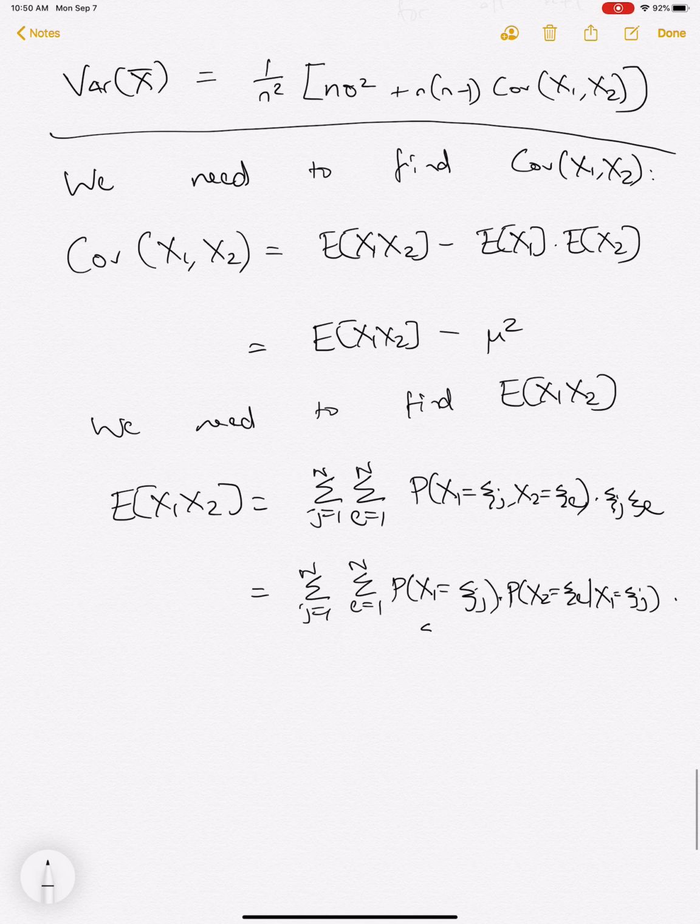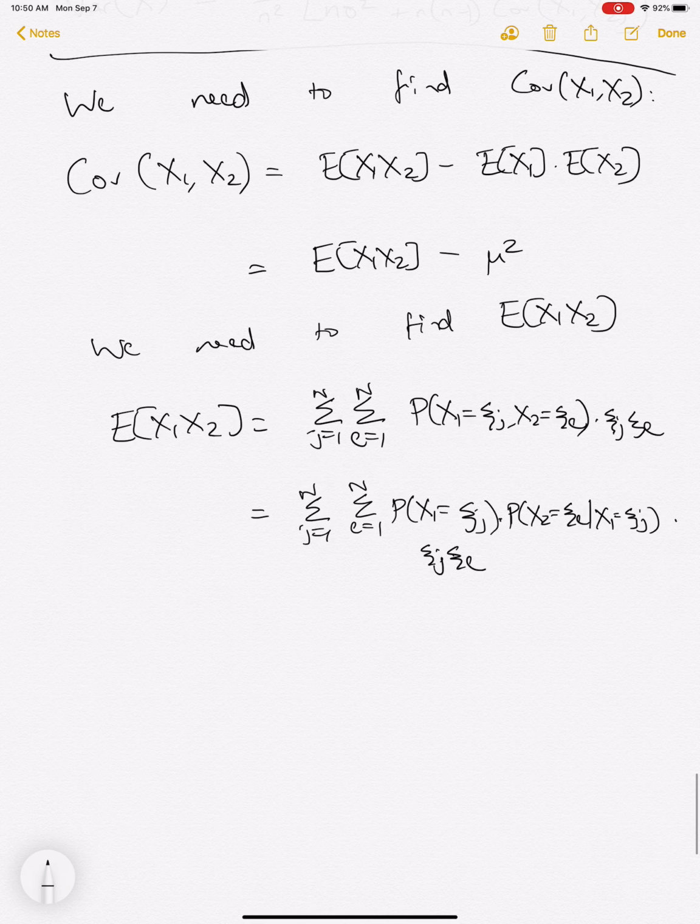And then times, again, we're just using the fact that the joint distribution is the product of the conditional, or you can think about this as the probability of A intersect B is the probability of A times the probability of B given A. Now, we know that the probability X1 equals Cj is just 1 over n, since you're just drawing these at random.